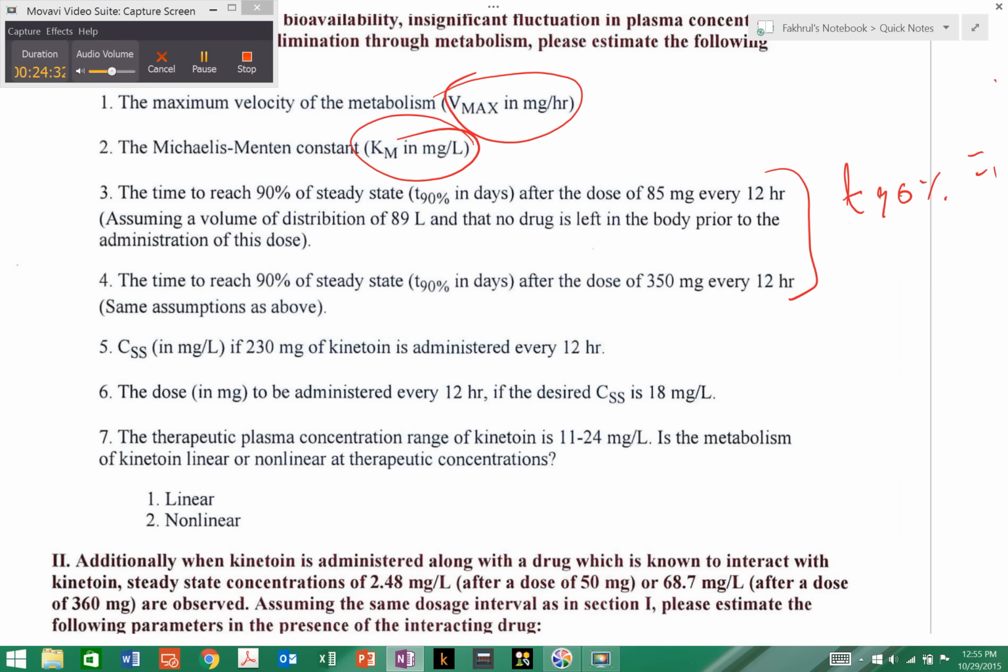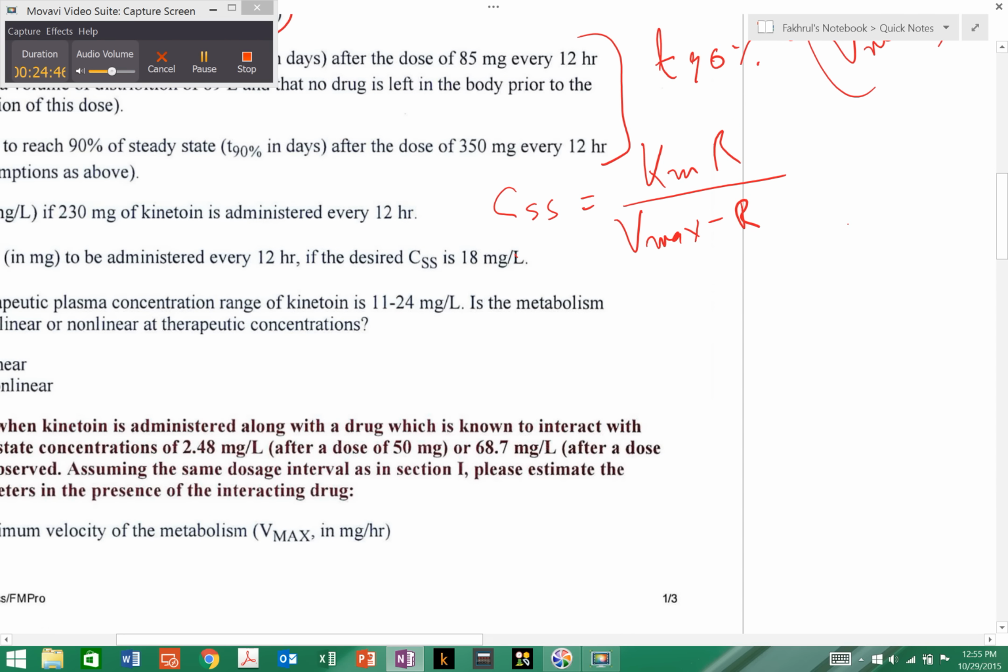To calculate CSS, this equation is easy. Here you have to calculate CSS is equal to Km R divided by Vmax minus R. And here you will calculate dose. R is going to be the dosing rate.